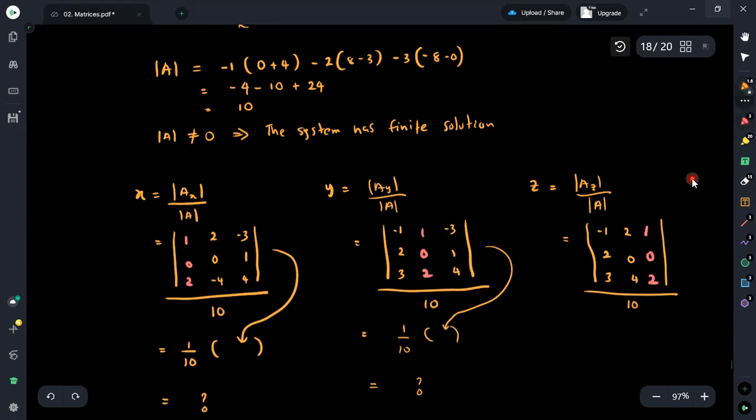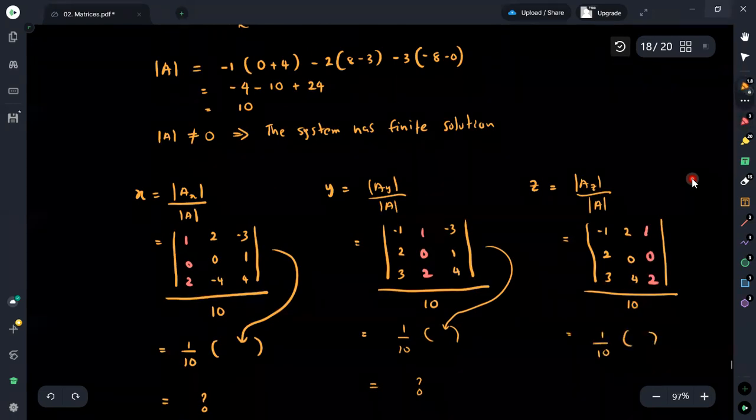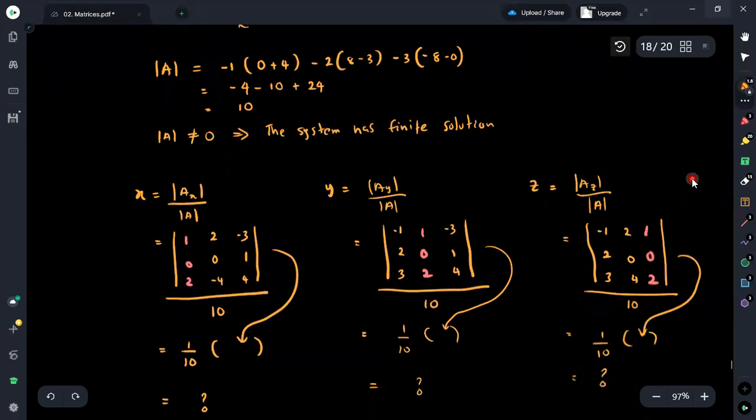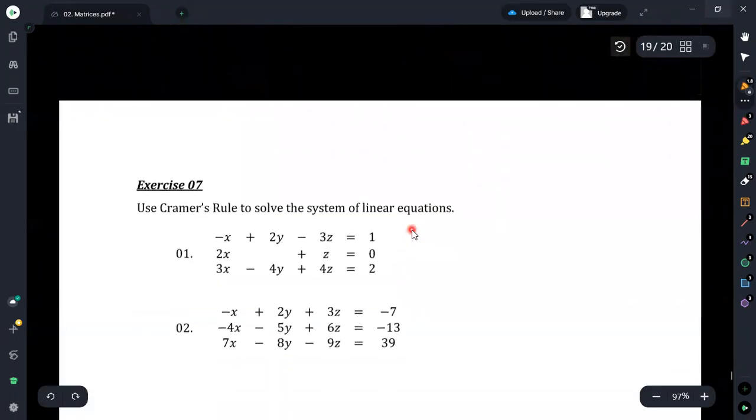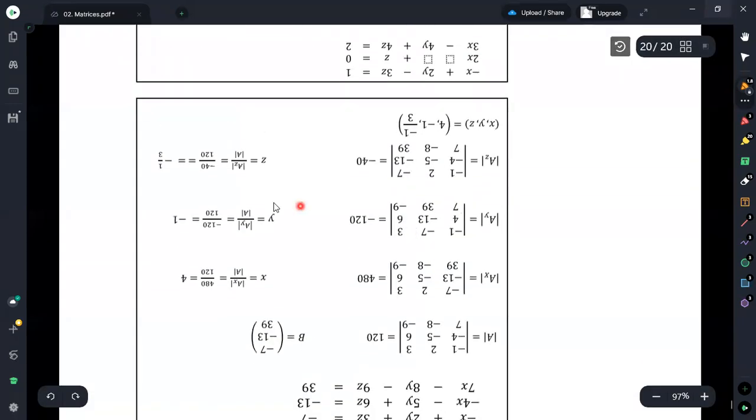Then this has to be divided by 10, which equals 1 over 10 times the determinant, and in this way we can obtain the value of z.